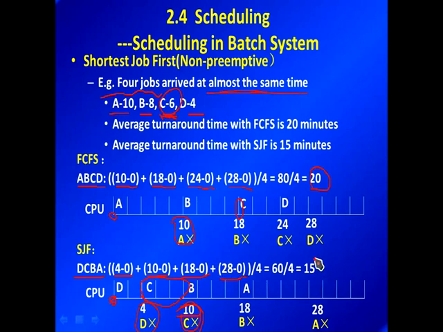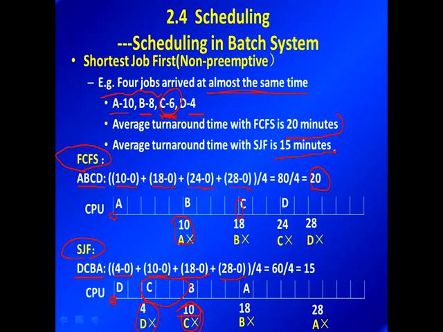So you can see with exactly the same batch of 4 jobs, we tried 2 different algorithms. The average turnaround time for FCFS is 20 minutes, but for SJF it is only 15 minutes.